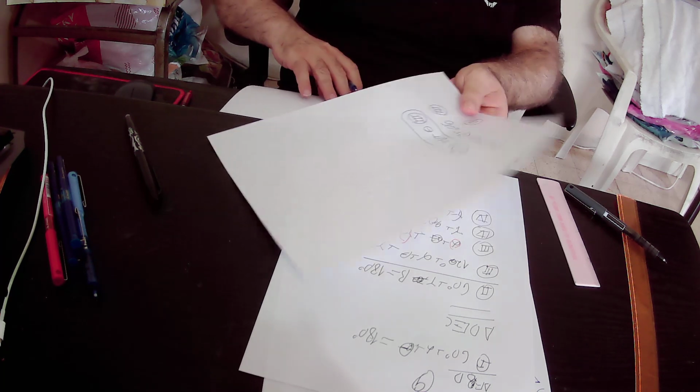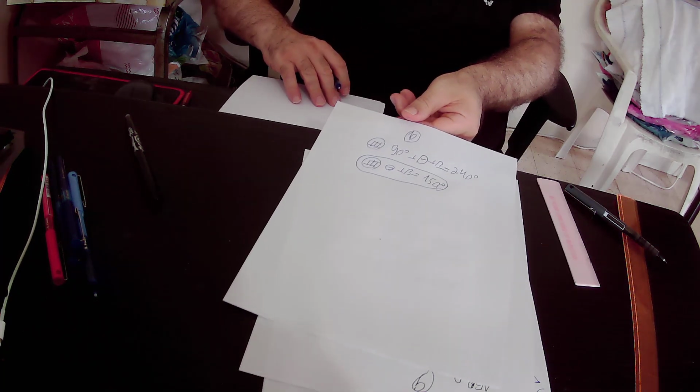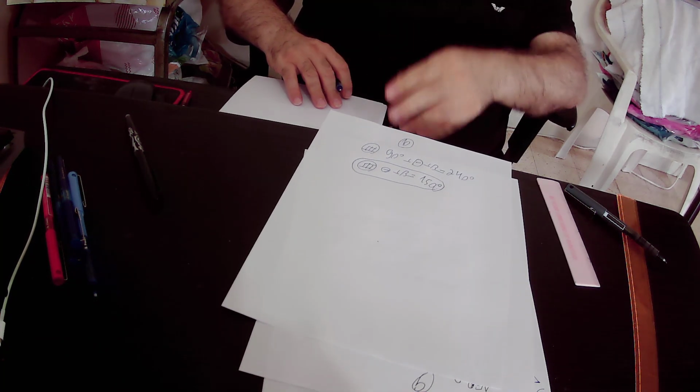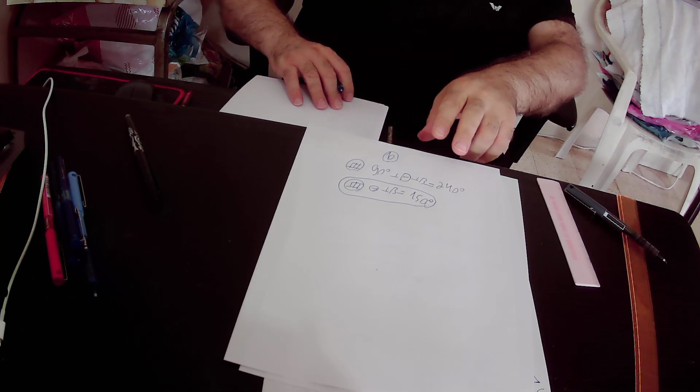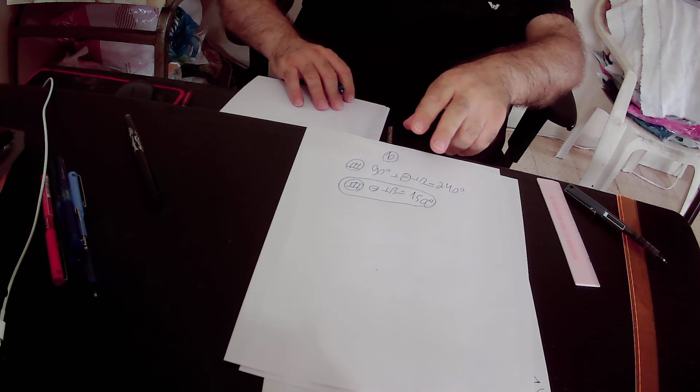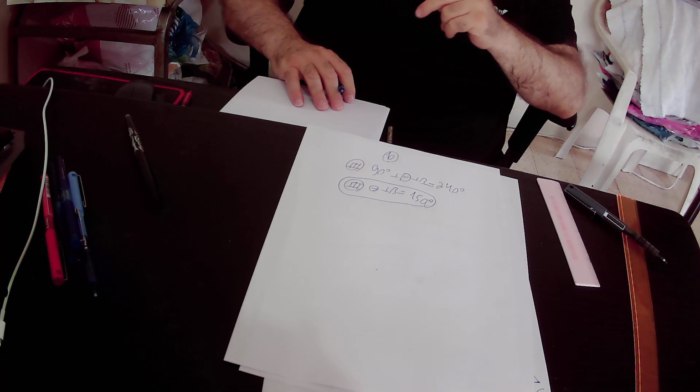So after we subtracted 90 degrees from equation number 3, we got that theta plus beta equals 150 degrees.